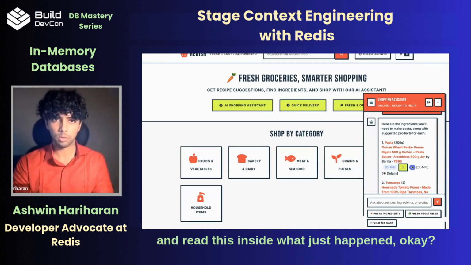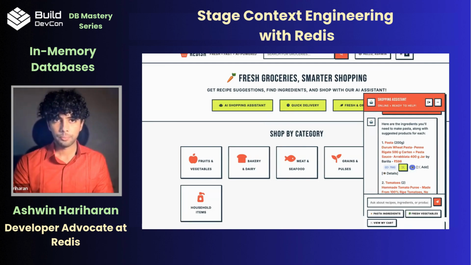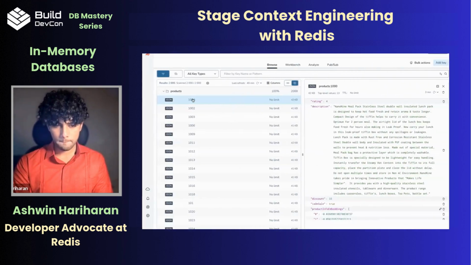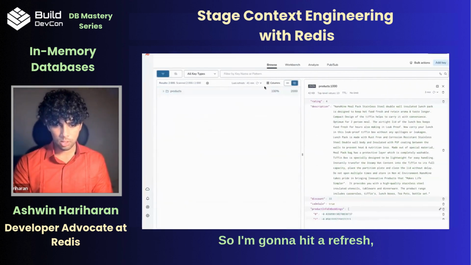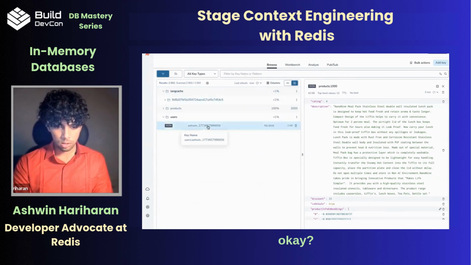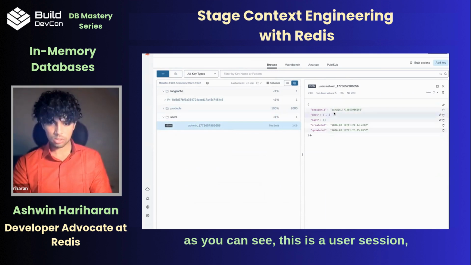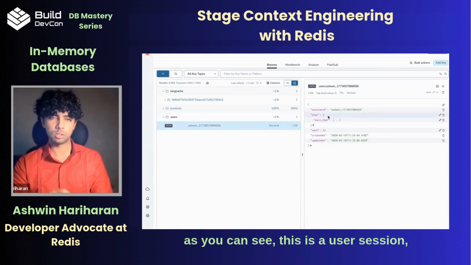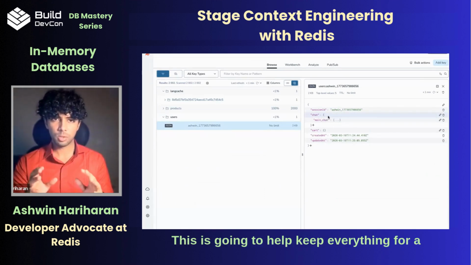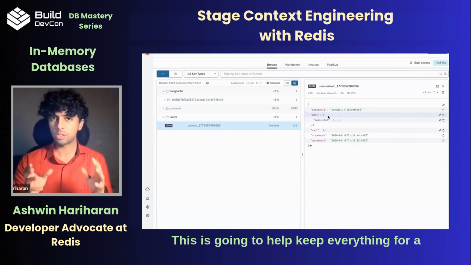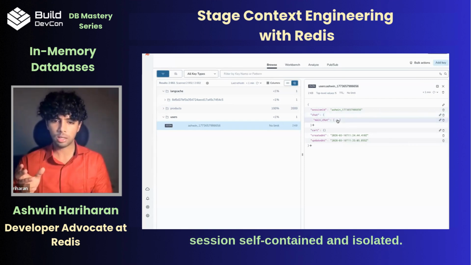What just happened? I'm going to hit refresh. And now this part over here, as you can see, is a user session. This helps keep everything for a session self-contained and isolated.